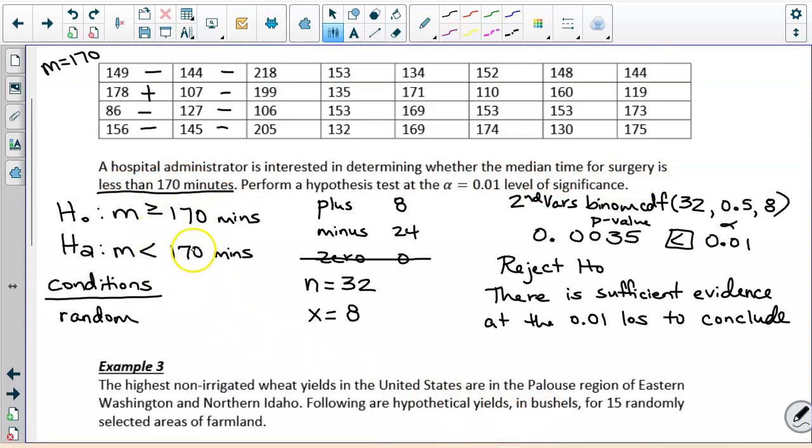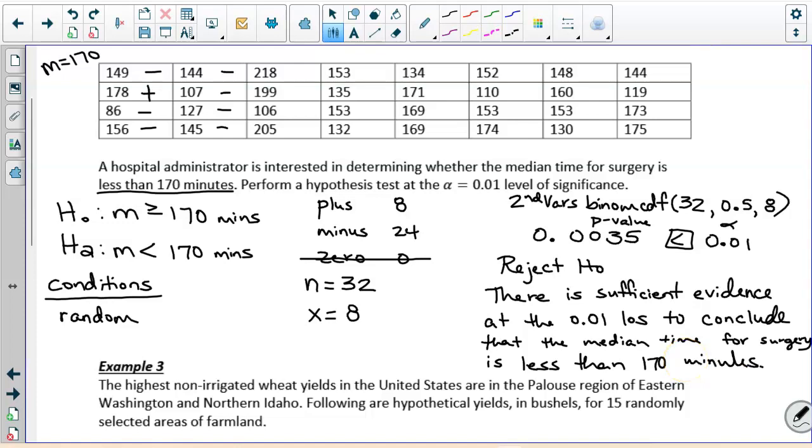It's whatever's in our alternate, and that's what we had. So to conclude that the median for surgery is less than 170.